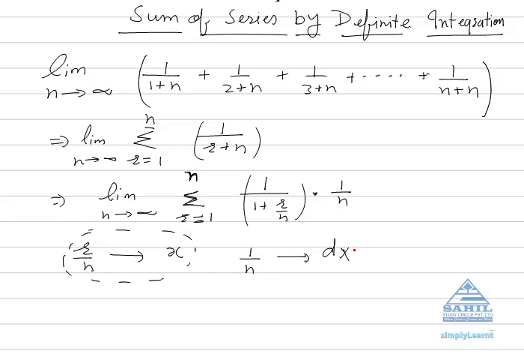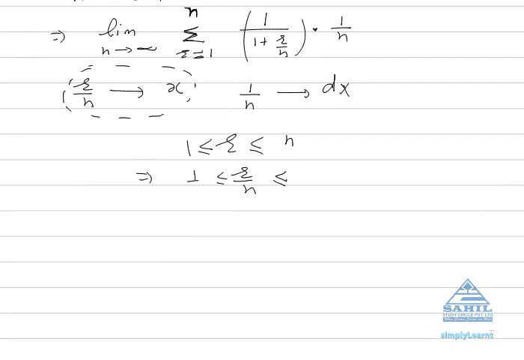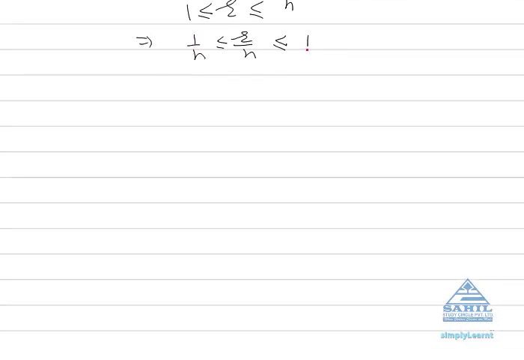What is the small change? That is 1 by n. Then how do we find the limits? You just see that figure. r is varying from 1 to n, then r by n will vary from 1 by n to 1.